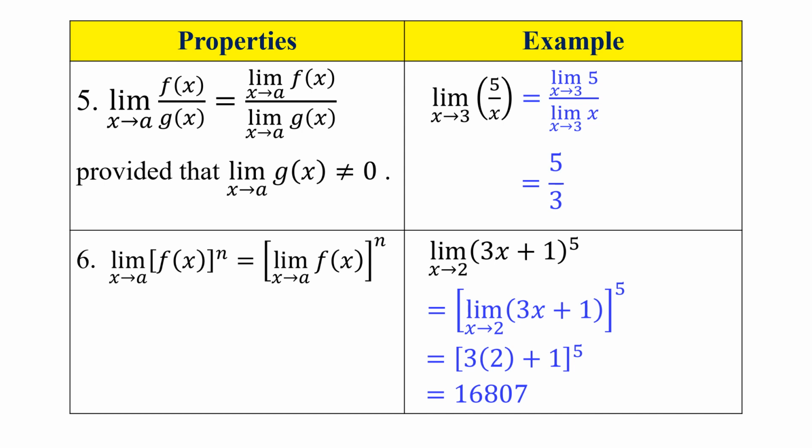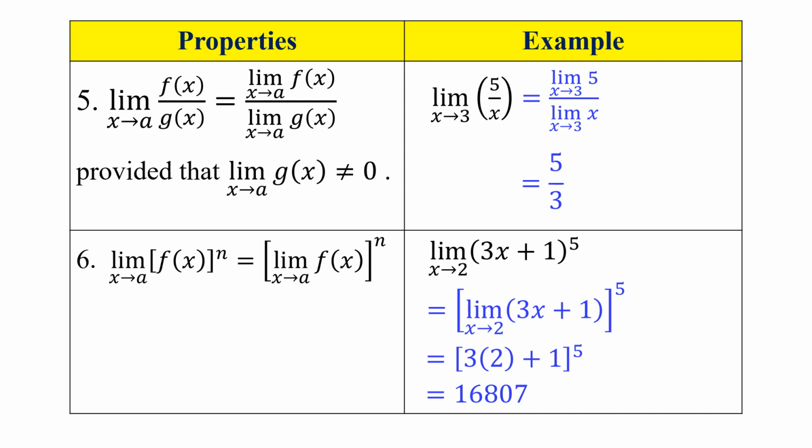If the denominator is 0, then the limit cannot be evaluated. For example, the limit as x approaches 3 of 5 over x, we can change into the limit as x approaches 3 of 5 over the limit as x approaches 3 of x. Then substitute the value of x, we get 5 over 3.